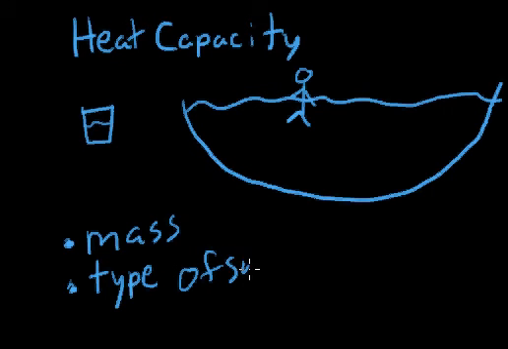However, if you just put a pan on the stove and turn the stove on, that pan heats up very, very quickly. So the metal pan takes very little heat to make it heat up, whereas a pan of water takes a long time to heat up. The water absorbs a huge amount of energy. So the mass of the substance affects the heat capacity of the substance, and the type of substance affects the heat capacity of the substance.